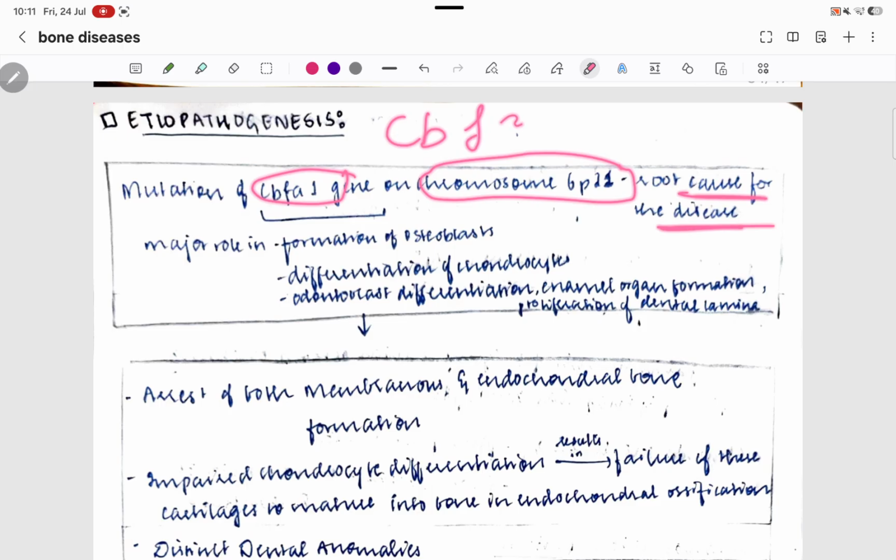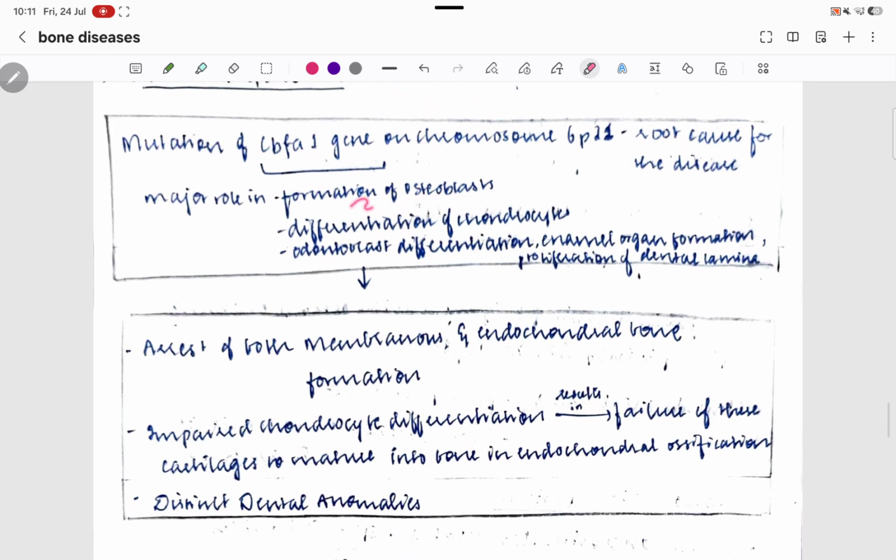CBFA1 is the name of the gene, which has a major role in formation of osteoblasts, the differentiation of chondrocytes and odontoblast differentiation, enamel organ formation, and proliferation of dental lamina.